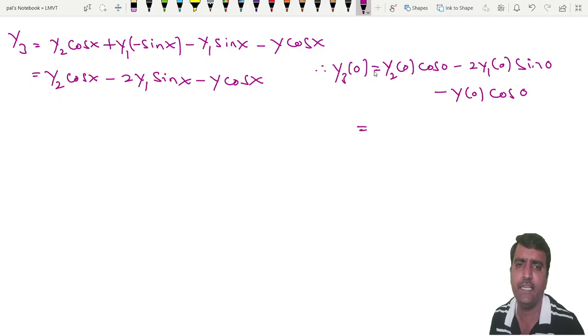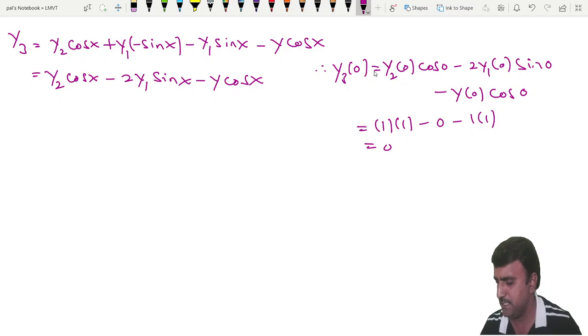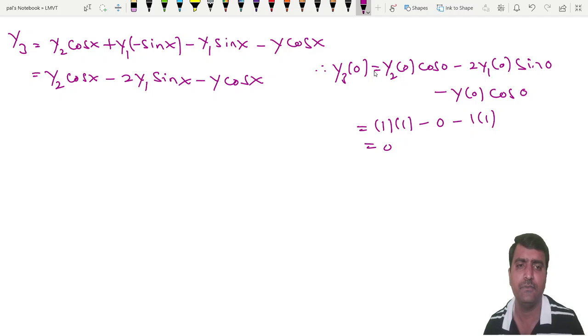So that is, y2 of 0 is 1, cos 0 is 1, sin 0 is 0, y of 0 is 1, cos 0 is 1. So 1 minus 1 is equal to 0. So y3 of 0 is equal to 0.